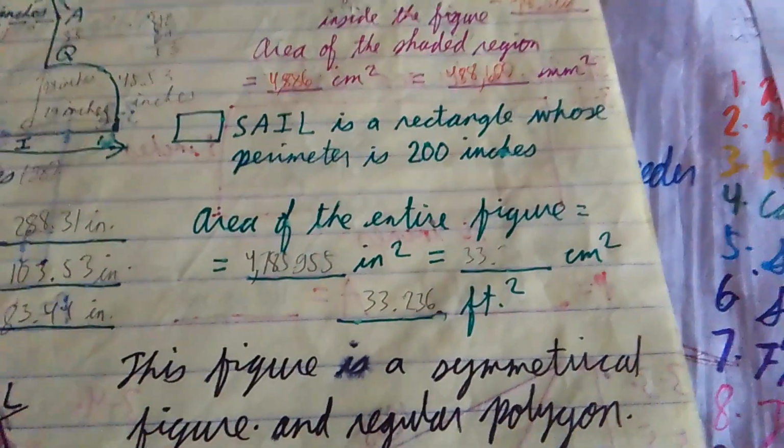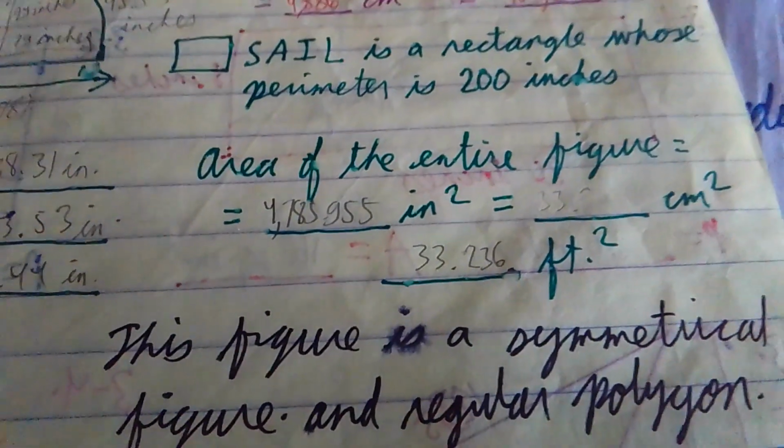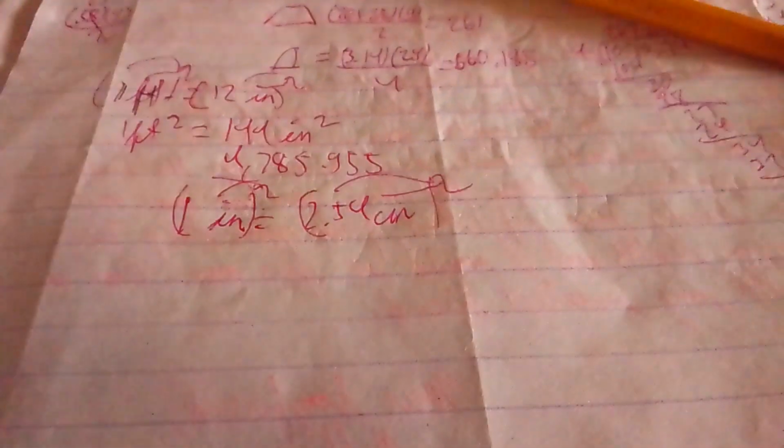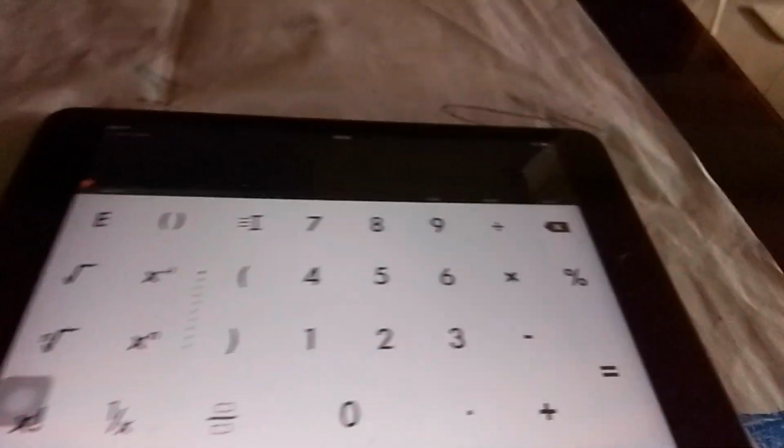Last but not least, it's in cm squared. Kapag cm, remember the relationship? 1 inch is equivalent to 2.54 cm. But, remember just what I said? Distribute. Remember, this is squared, right? We distribute. So, therefore, this is 1 inch squared and 2.54 squared. Let's do it in a calculator.